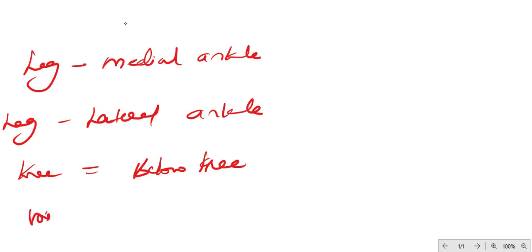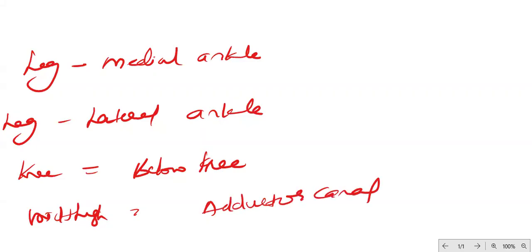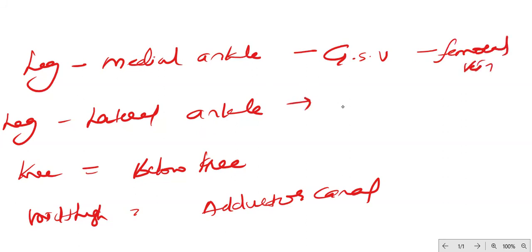Next is the mid thigh at the adductor canal. Here which veins are connected? Great saphenous vein to femoral vein.